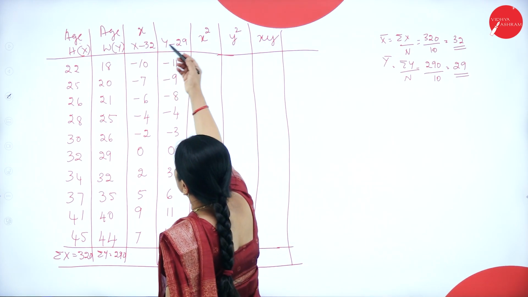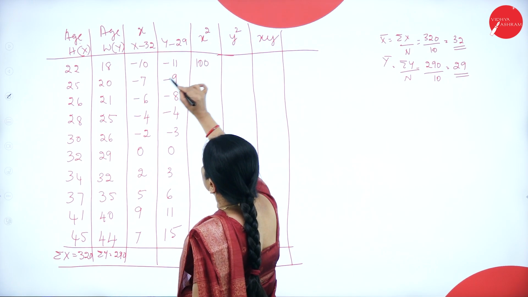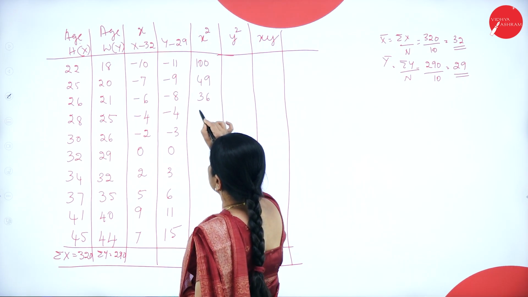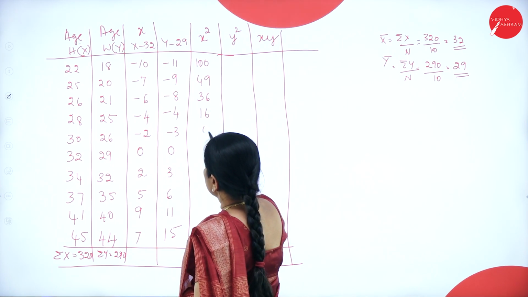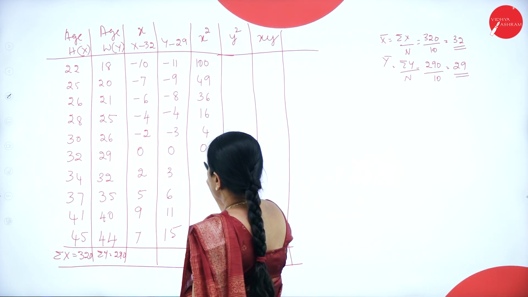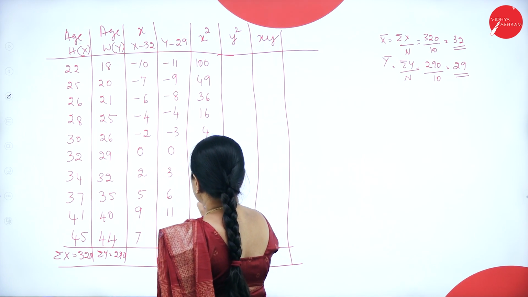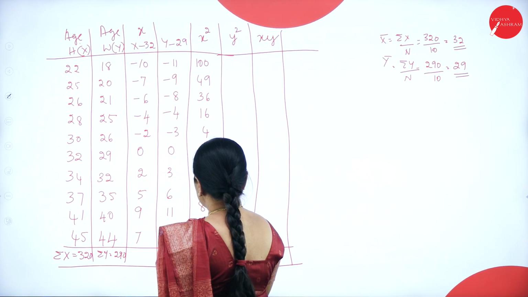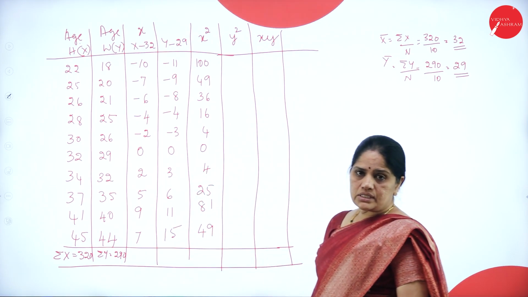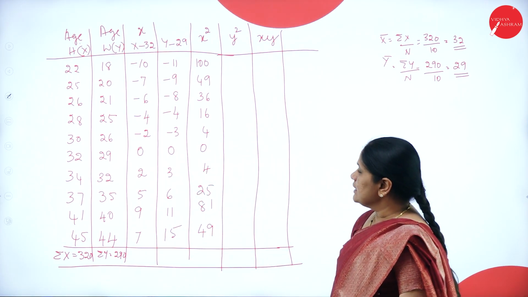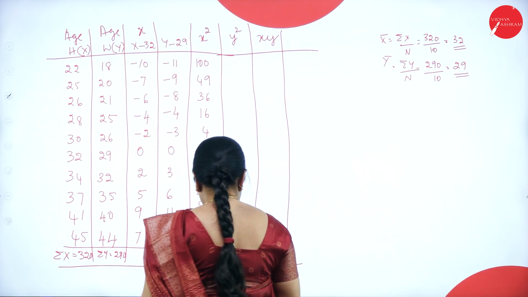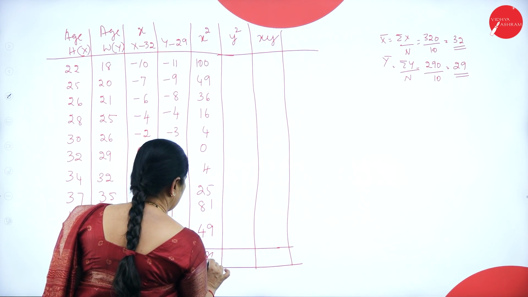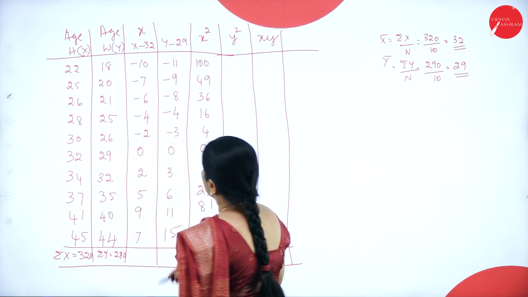So x square, so 10 square is 100, 7 sevens are 49, 6 sixes are 36, 4 fours are 16, 2 twos are 4, 2 twos are 4, 5 fives are 25, 9 nines are 81, 7 sevens are 49. So the square of all the numbers I have done. So when I add all this, I get the answer as 484.